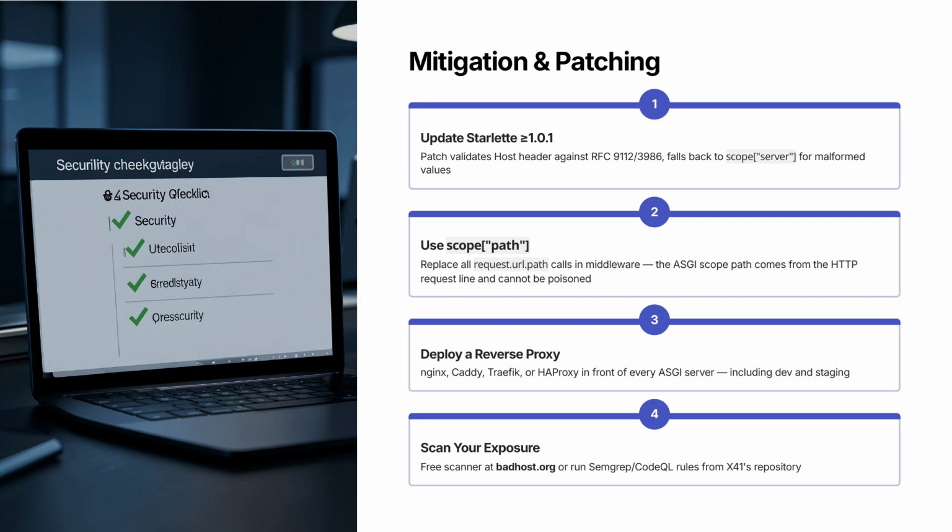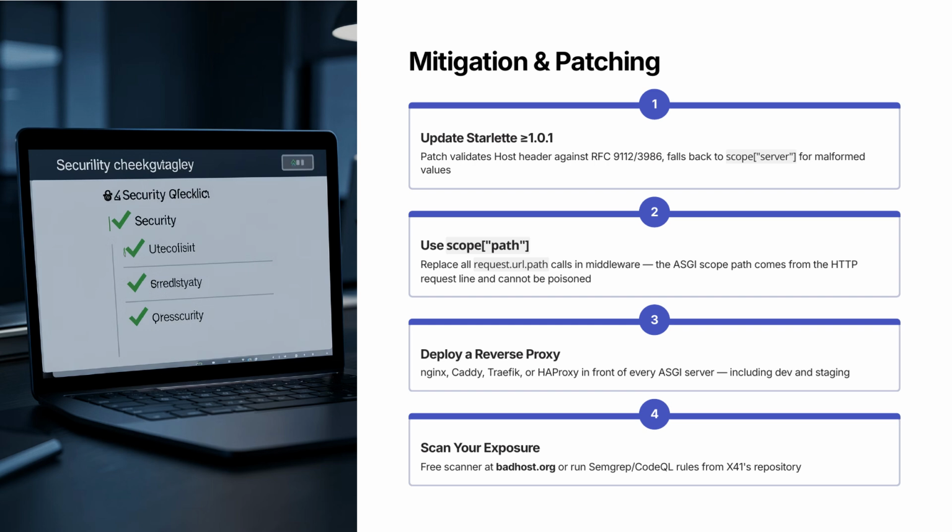That matters because the ASGI scope path is taken directly from the HTTP request line and cannot be poisoned the same way. A reverse proxy is also an important layer of defense. Put something like Nginx, Caddy, Traefik, or HAProxy in front of every ASGI server, not just in production, but in development and staging as well.